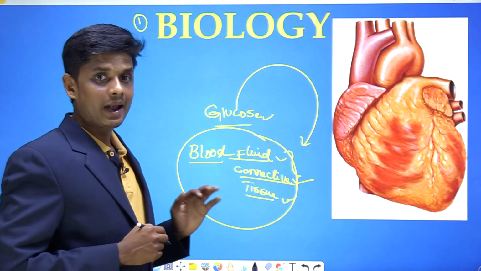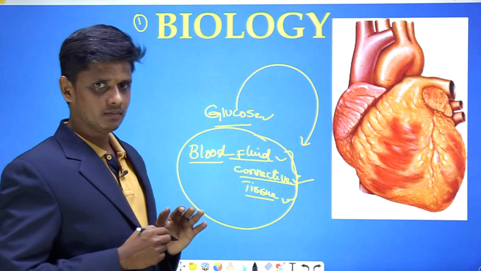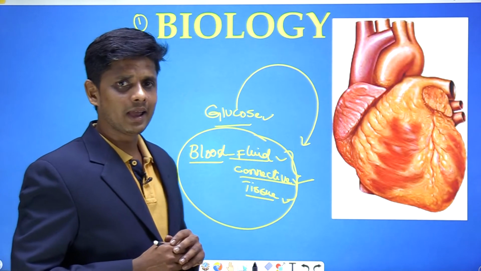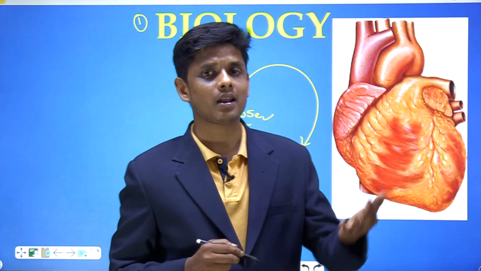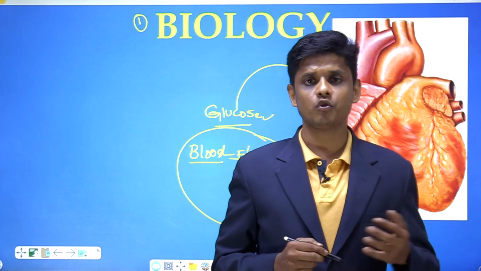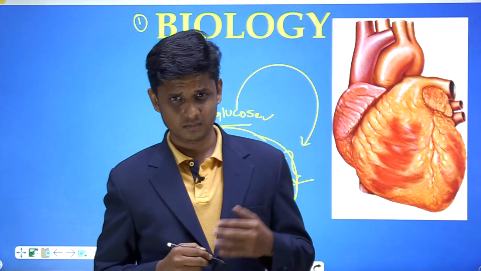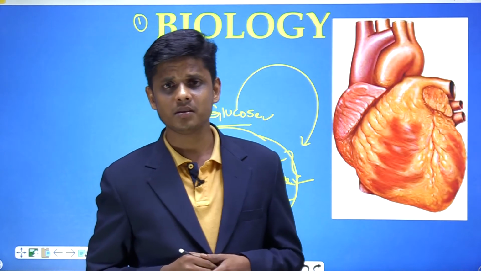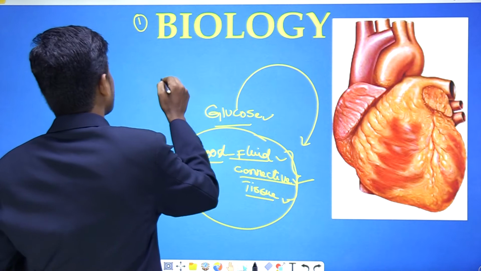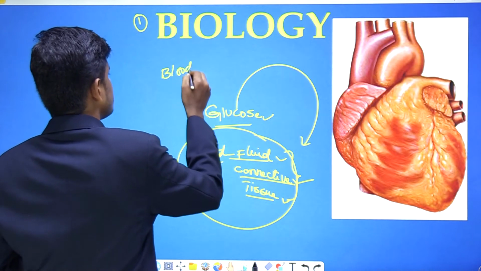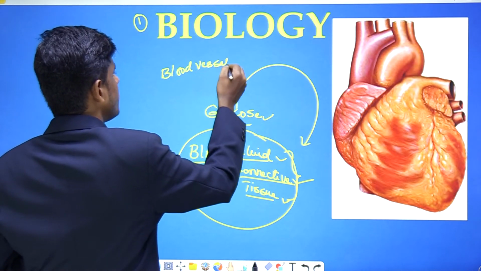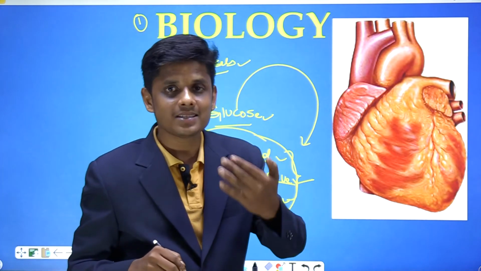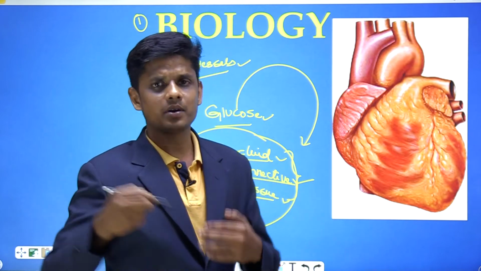Okay, fine. And now how does the blood pass from one part to another part? Again, there is a need of some pipe-like or tube-like structures, and those are called blood vessels. Blood vessels are pipe-like structures present in our body, which carry the blood from one part to the different parts of the body.